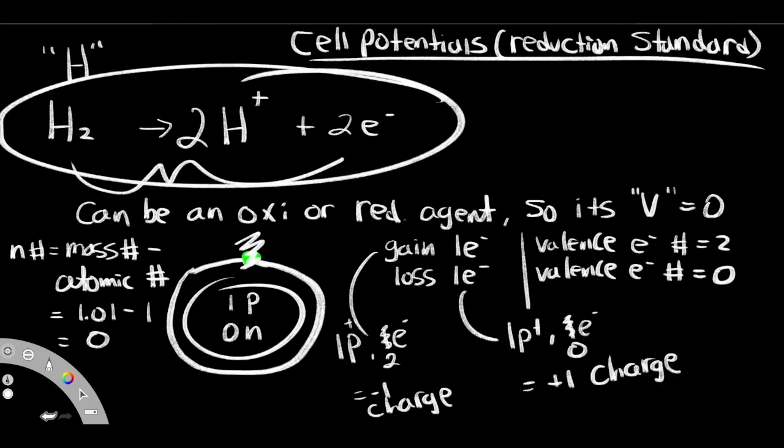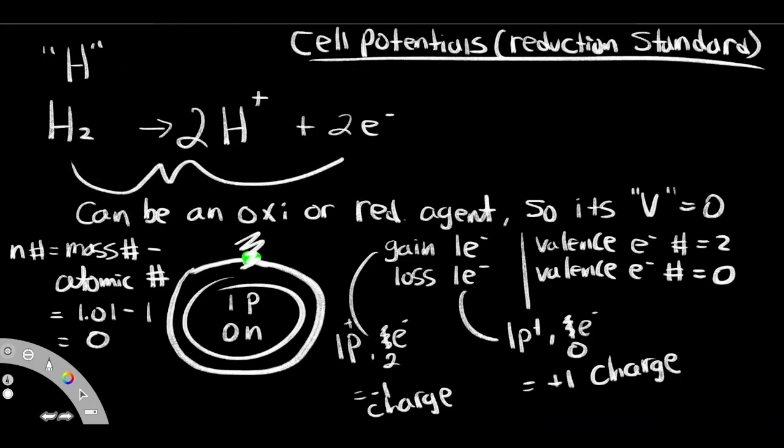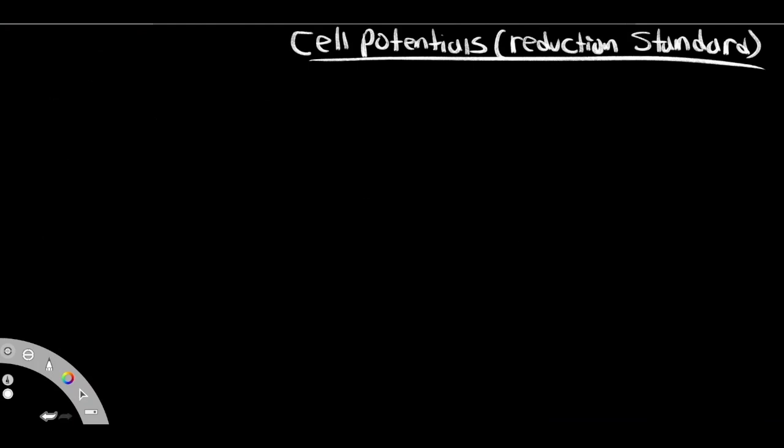This is why we use hydrogen as a standard cell potential arbitrary reference reaction, the half reaction that we want to always refer to, because it can be oxidized or it can be reduced. Of course, you should already know this from the previous video, but I just want to quickly recap in case you forgot.